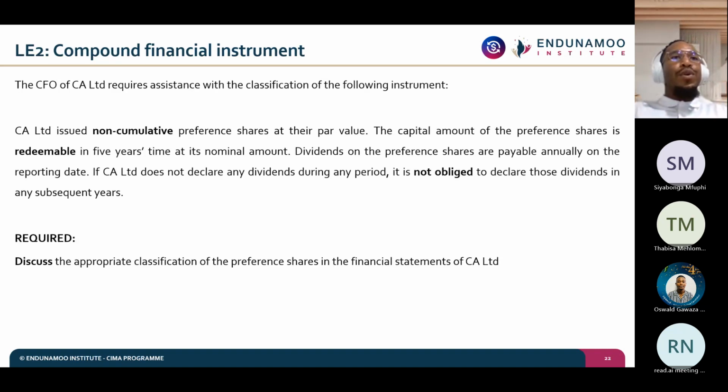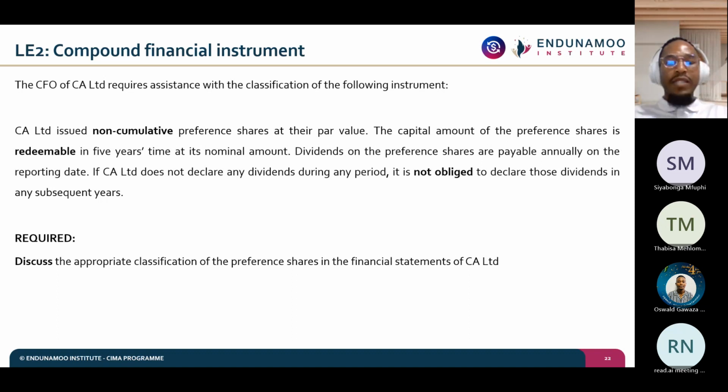Again, we have the CFO of CA Limited who requires assistance with the classification of the following instrument. So the entity has issued non-cumulative preference shares at their par value. And when we talk about non-cumulative, what we are saying is the preference shares will have distributions attached to them, but the distributions do not accumulate.